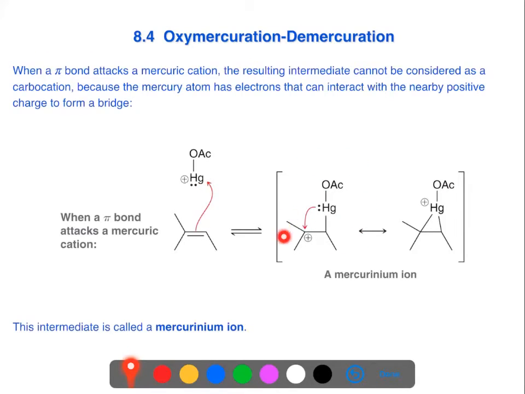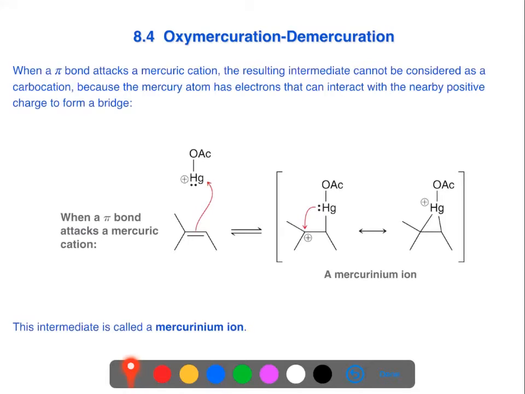The carbocation doesn't really form. Again, this is a resonance hybrid, and there are two structures representing this hybrid. So we never really have a true carbocation for the mercurinium ion, as it's referred to.